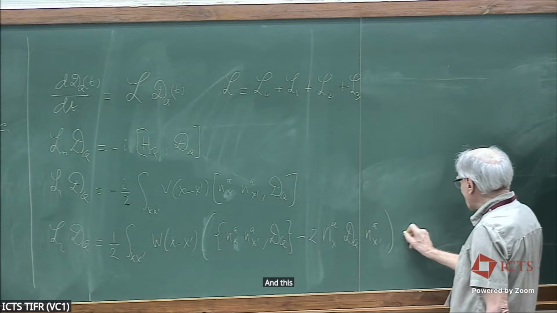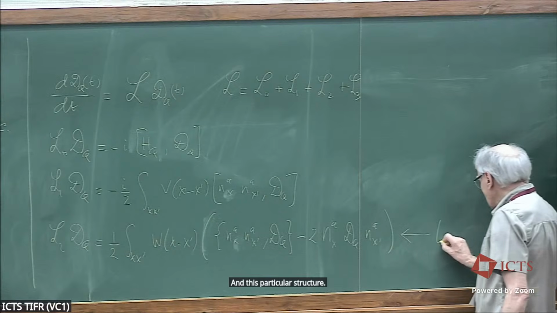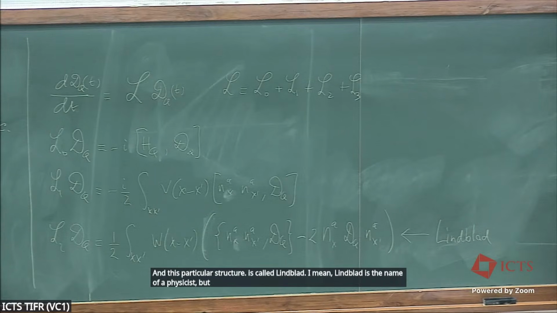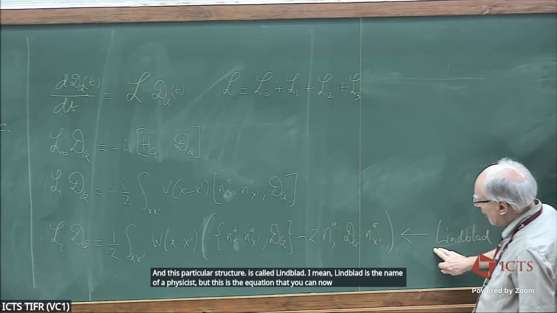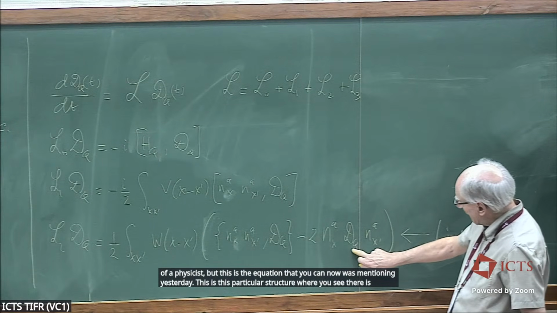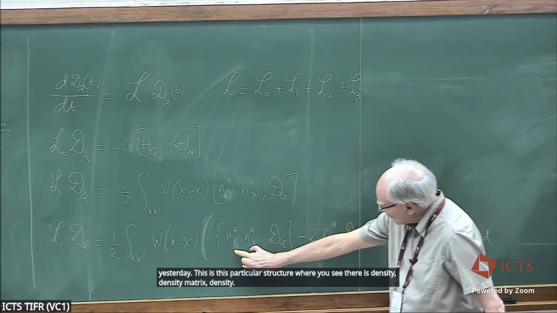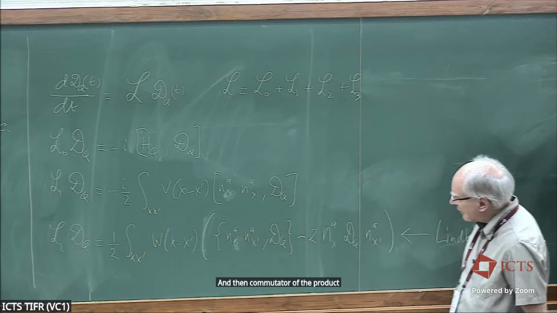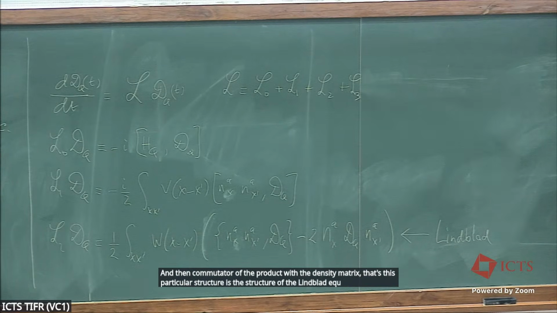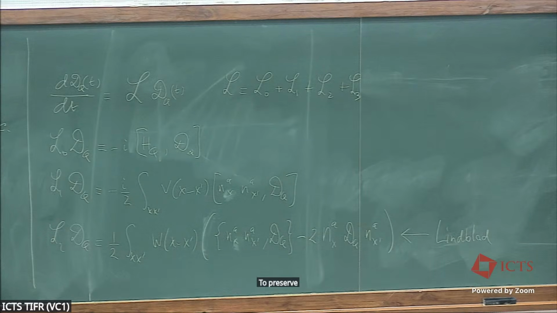This particular structure is called Lindblad. Lindblad is the name of a physicist, but this is the equation that Yukinao was mentioning yesterday. This structure has the property of preserving the trace and the positivity of the density matrix, which the general equation doesn't have.